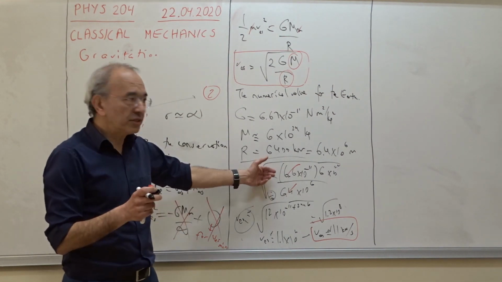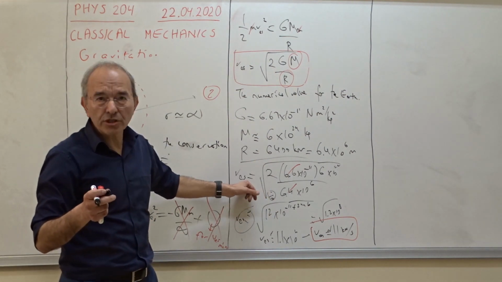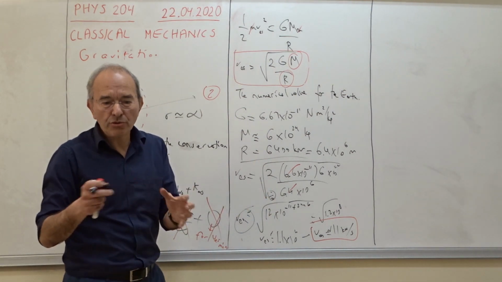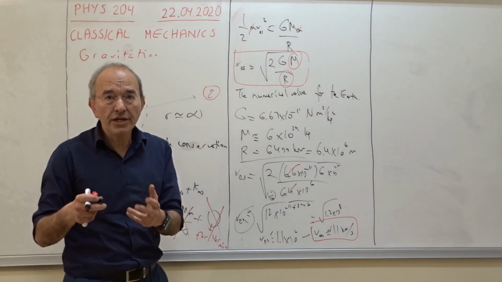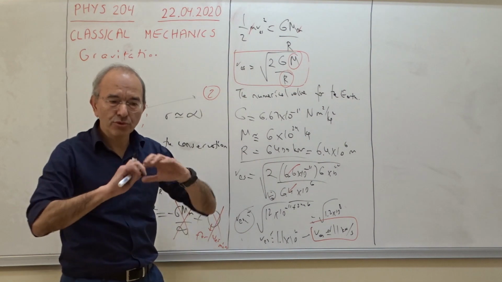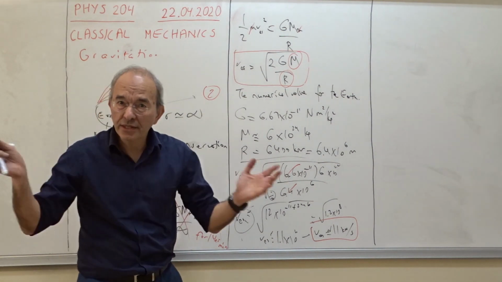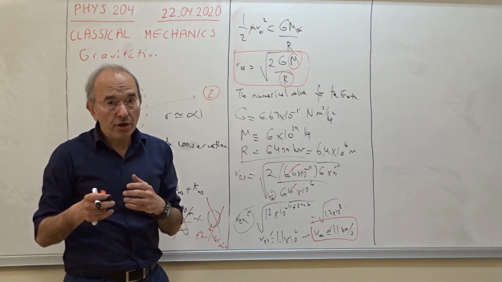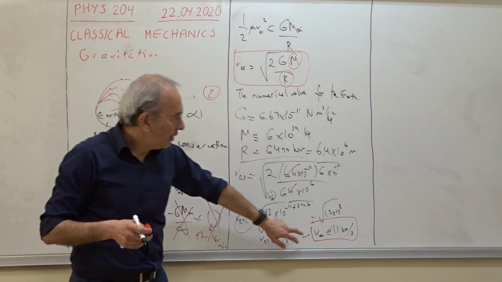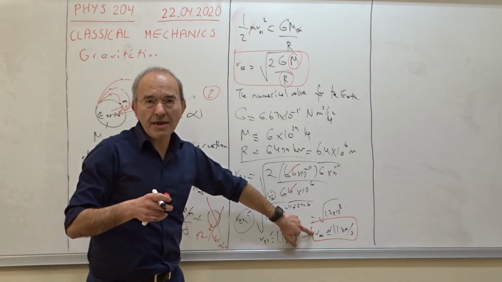It is because of this relatively low value of the escape velocity. Because anyway, those particles have sufficient energy at the beginning, so there's no reason for them to stay just around the surface of the Moon. They can easily escape. However, for the Earth, this is the necessary velocity they should have if they want to escape.